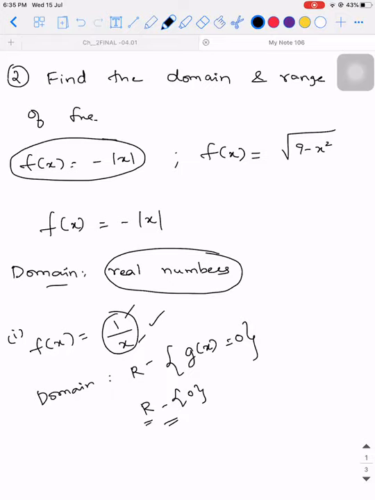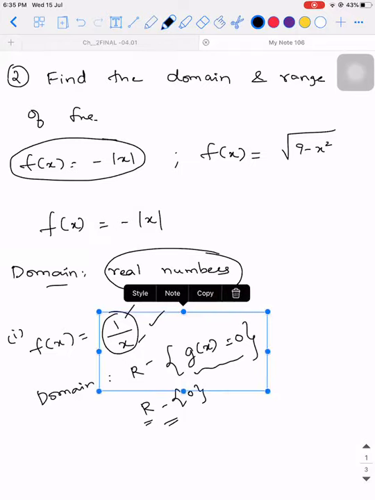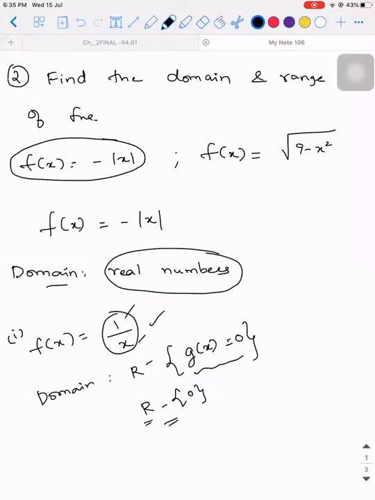That is the meaning of it. I'm able to find this because I have a denominator. If there is no denominator, then the domain will be real numbers only. Are you guys able to understand? So if you observe, f of x is equal to minus mod x doesn't have any denominator. So the domain is going to be real numbers.